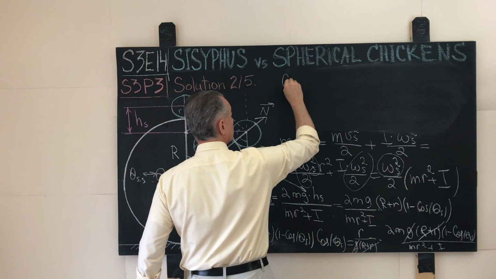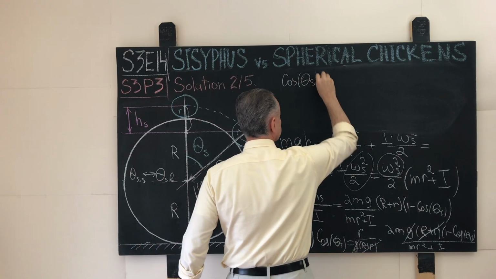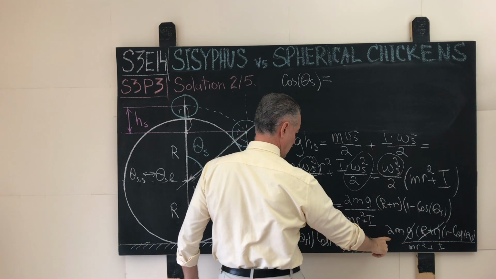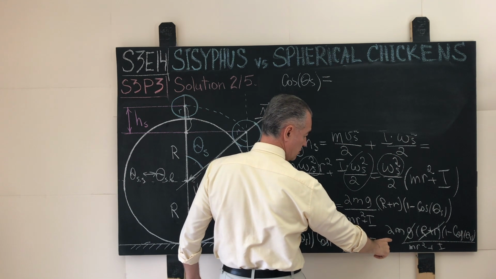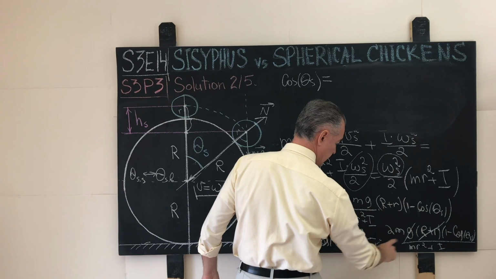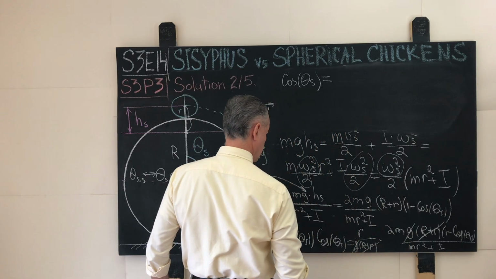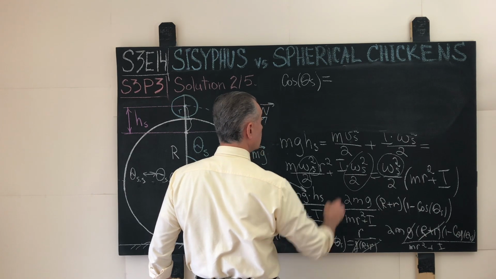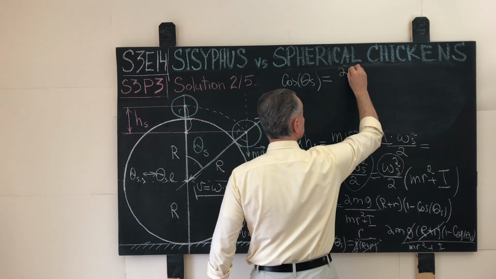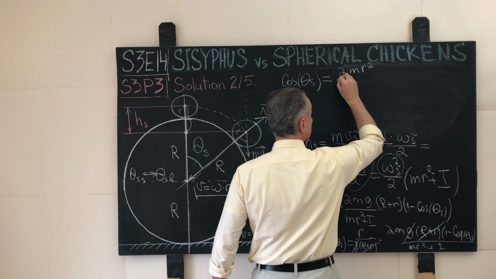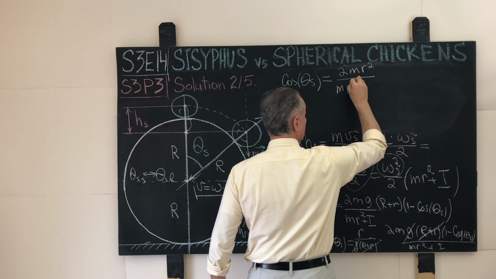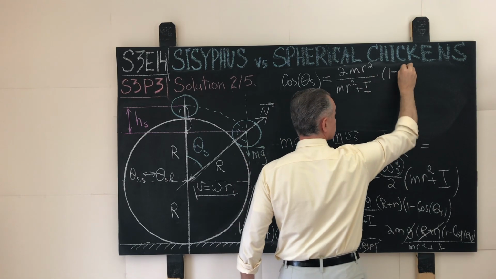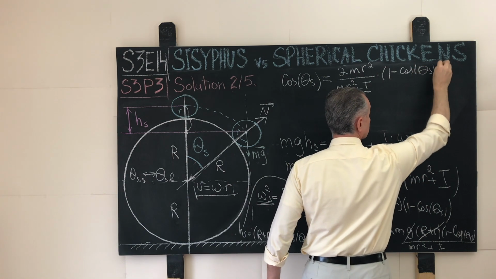So the cosine of theta_s comes out to be equal to 2, g and g cancel out, 2mr squared divided by mr squared plus the moment of inertia I times 1 minus cosine of theta_s.